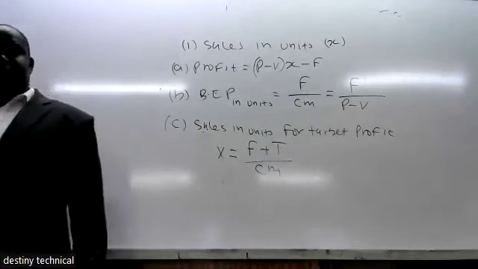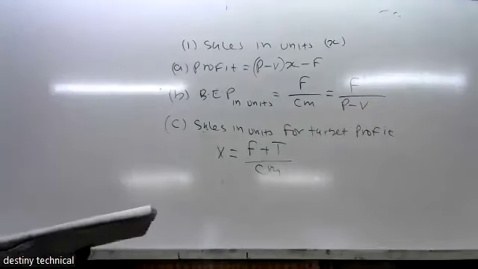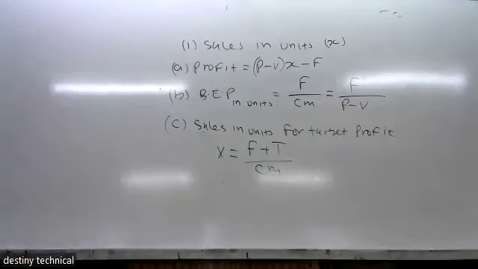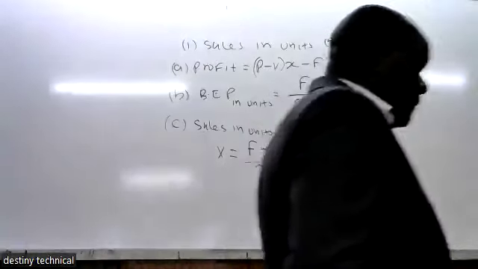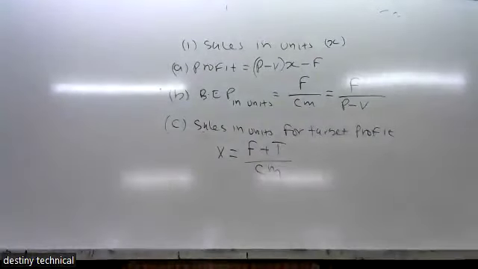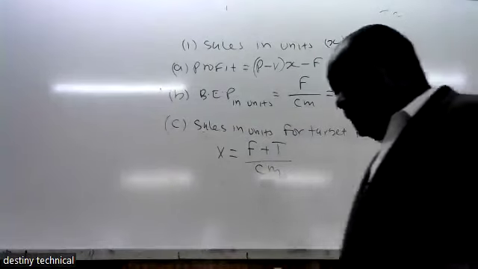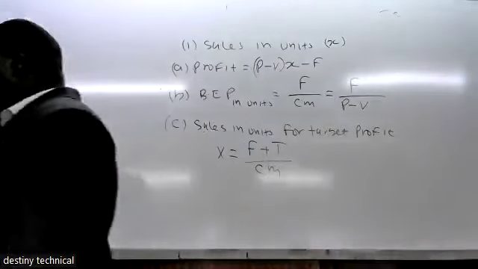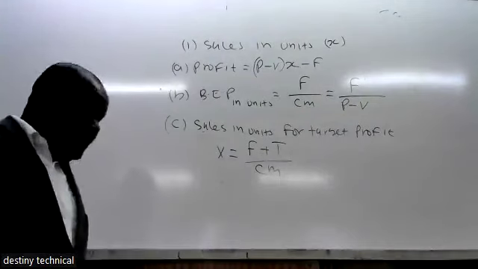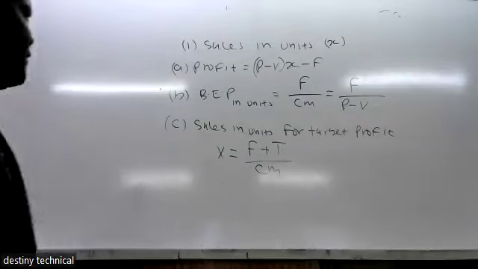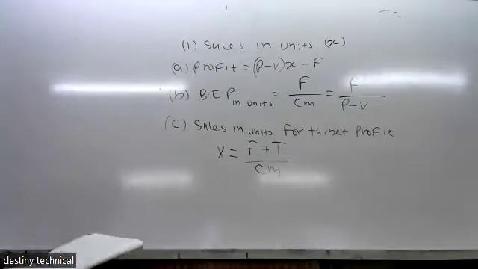So when you want to get the sales in units for the target profit, it is simply the fixed cost plus the target profit, divided by the contribution margin. So that is when you are given the sales in units.